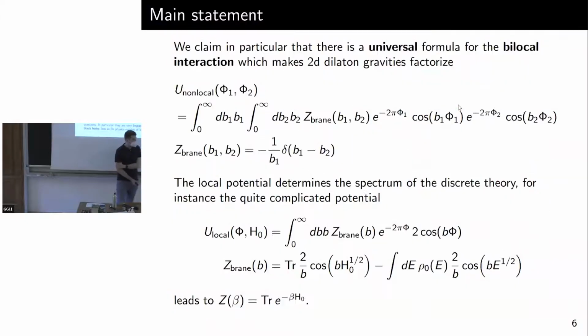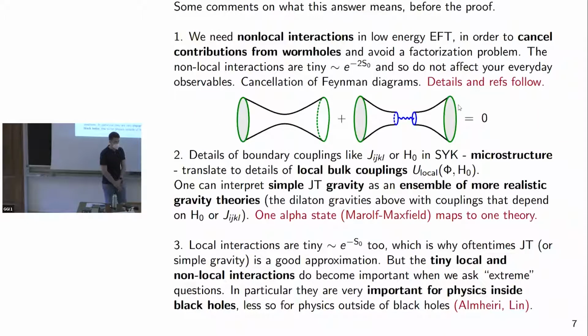Before I prove why this works, I want to first comment on the implications. Then maybe you can tune out for the actual computations if you want to. And I guess the major implication is that we need to include non-local interactions in low energy effective field theories in order to cancel contributions from wormholes and avoid a factorization problem.